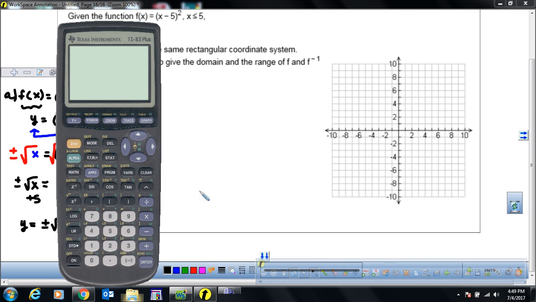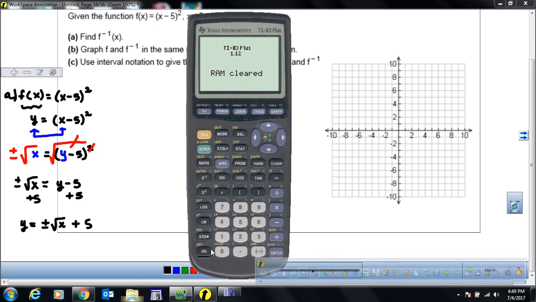Okay, so let's go ahead and do this. If you go to the y equals and you graph that function, that plus or minus means that you have to graph two functions: the square root of x plus 5, but also the negative square root of x, close parentheses, plus 5.